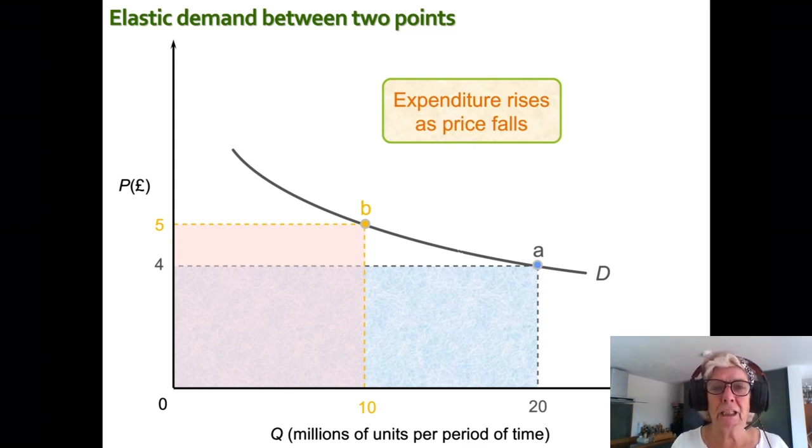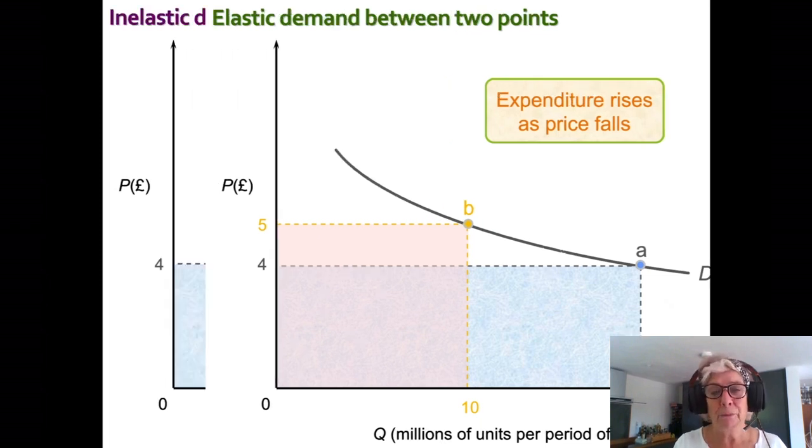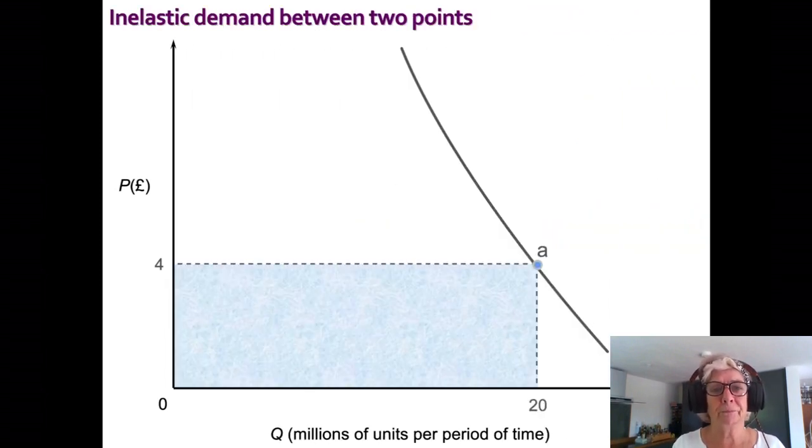If the price fell from point B to point A, in other words, if the retailer decided to put his price down from £5 to £4, then demand would double and total expenditure and therefore total business revenue would rise. So from a business point of view, if demand for your product is elastic, then the best thing you can do is reduce your price if you possibly can, because that will give you more revenue.